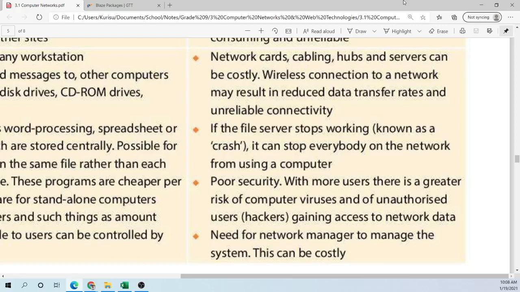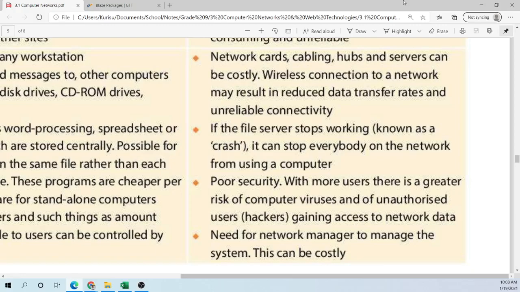Always remember that a wireless connection is usually going to be slower than a wired connection. So you're going to get slower speeds, and it can also be unreliable, because if you go outside of the wireless range, then obviously you won't get a connection. Or if something is blocking the signal, you won't be able to get a connection either. So that's one disadvantage of network computers.